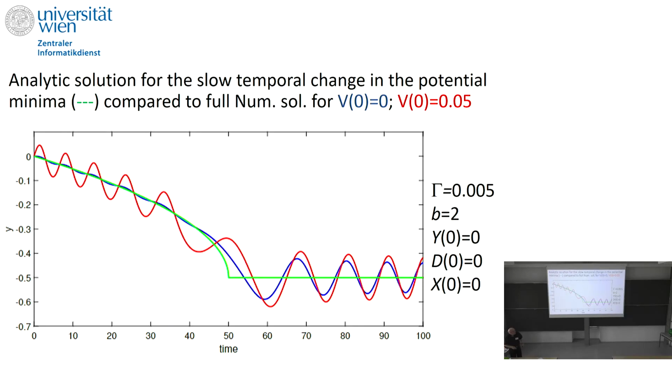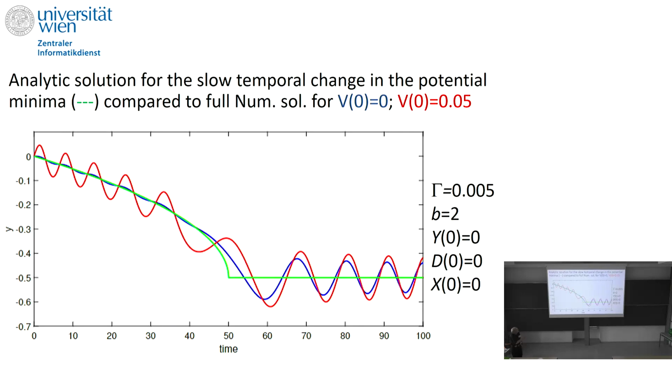Of course, the u and x do change, but they're not shown in this picture, which is y as a function of time. And you see here that when we start with v of 0, when we start right at the minimum, so y is 0, and v is 0, the particle is not displaced from the minimum of the potential.